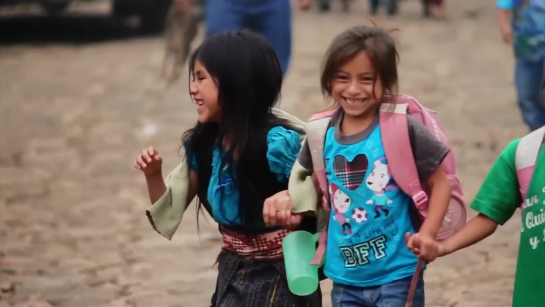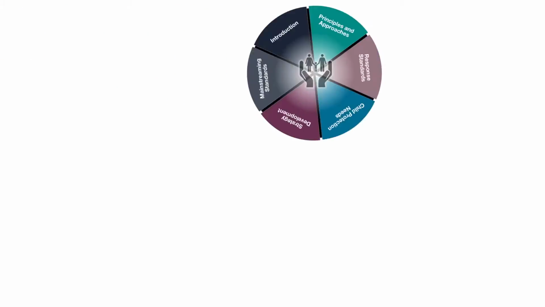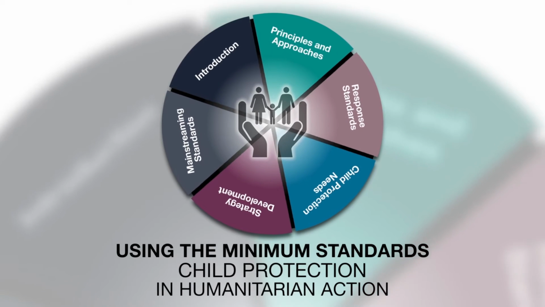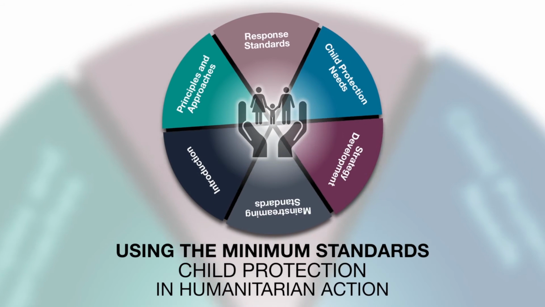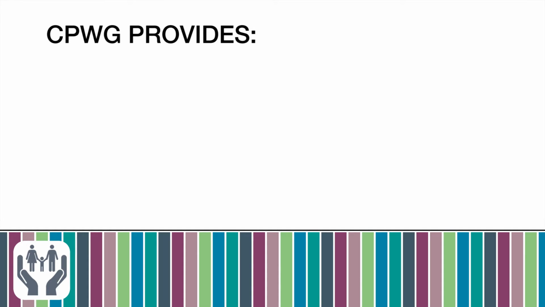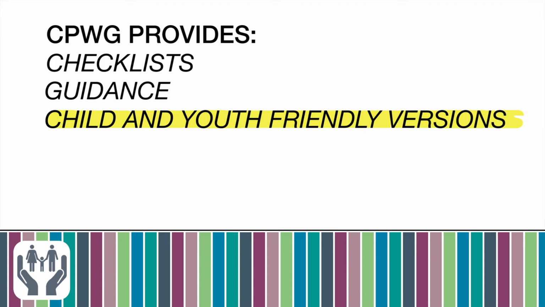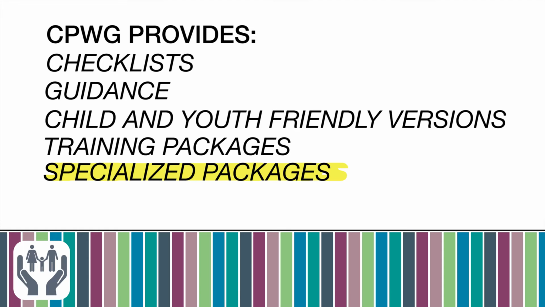This video on using the CPMS is to help you use and communicate on the standards. The rest of the series focuses on specific standards for addressing child protection needs and developing adequate child protection strategies. The CPWG also provides support for integrating and applying the standards within your agency, including checklists for integrating them into your workplace, guidance on how agencies can adapt them to the context, child and youth-friendly versions of the text, training packages on child protection in emergencies as a whole, as well as specialized packages.